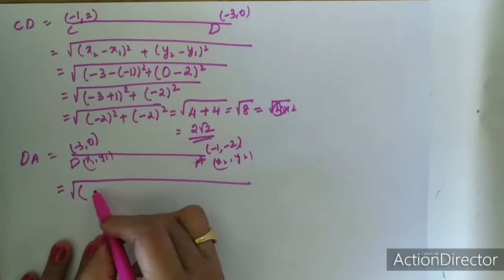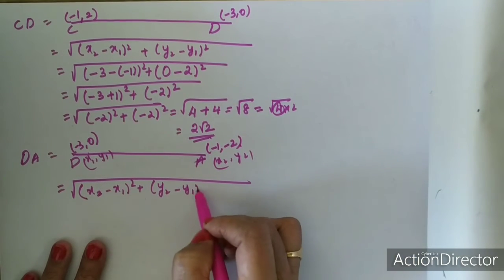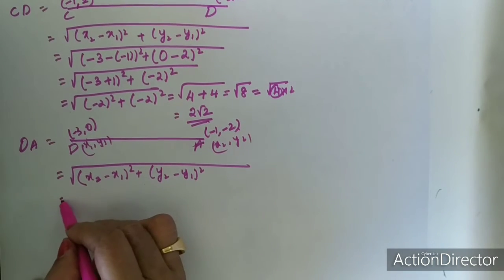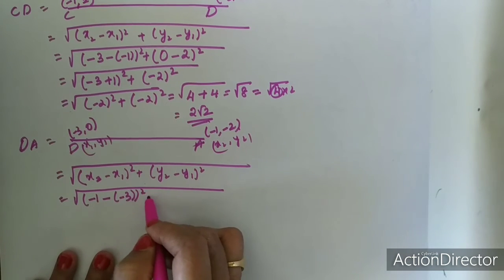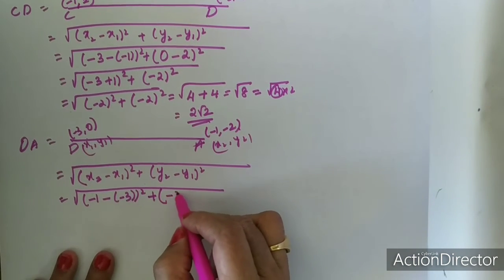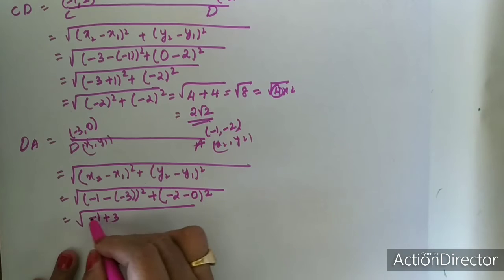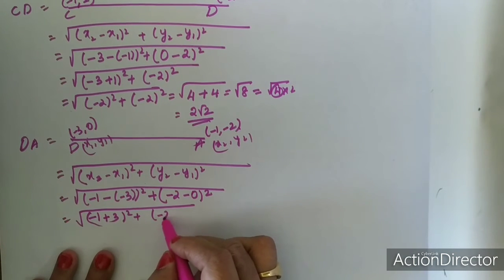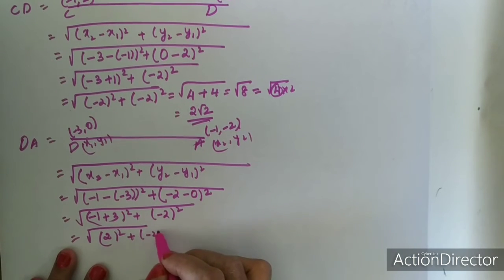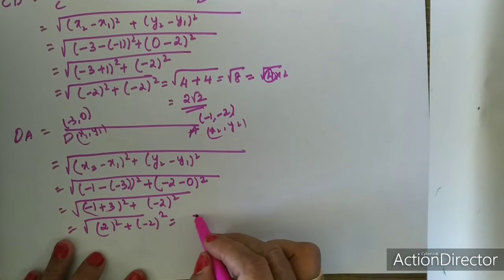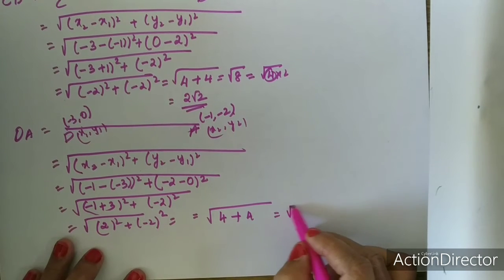So under root of (x2 minus x1) whole square plus (y2 minus y1) whole square, which is equal to under root of (-1 minus of -3) whole square plus (-2 minus 0) whole square, which is equal to under root of (-1 plus 3) whole square plus (-2) whole square, which is equal to 2 whole square plus (-2) whole square. What is 2 whole square? Under root of 4 plus 2 whole square is also 4, which is equal to root 8.